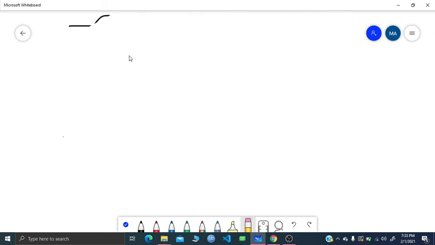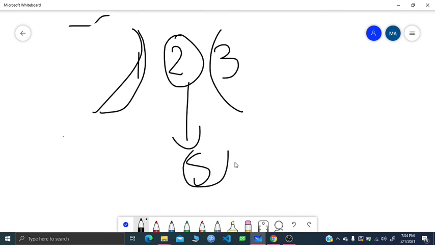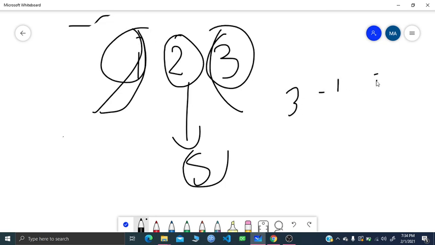Let's say our one group is here, at index 1, and the other group starts from index 3, and in between, at this index, 1 silver is there. So how do we check whether there is 1 silver or not? By doing the subtraction. If I do 3 minus 1, it will become 2.